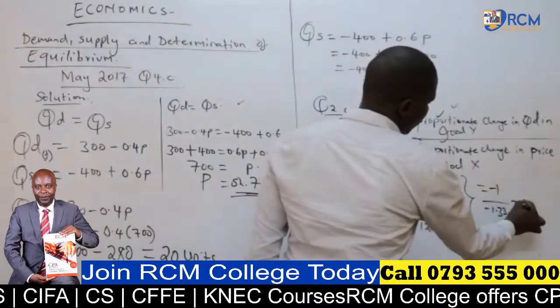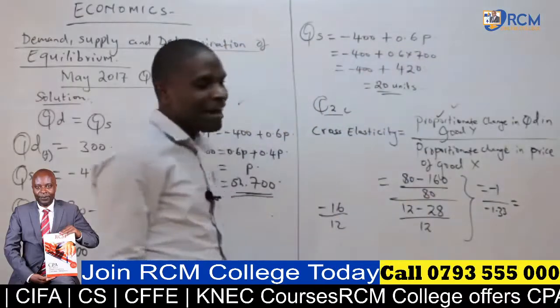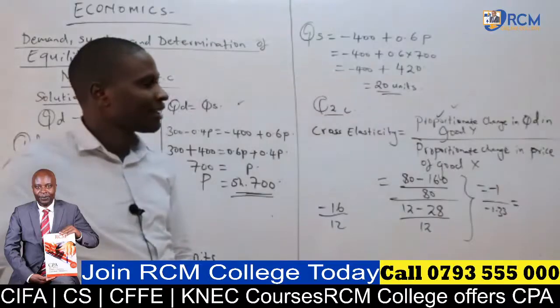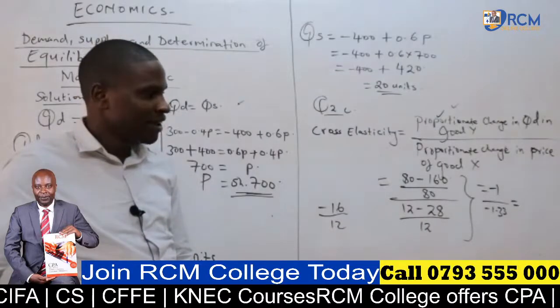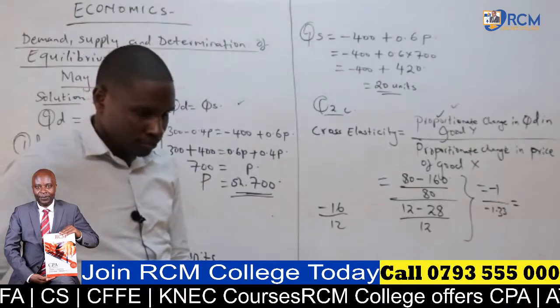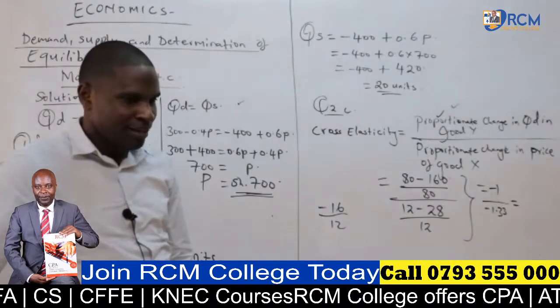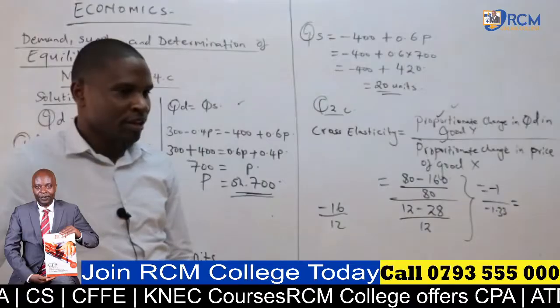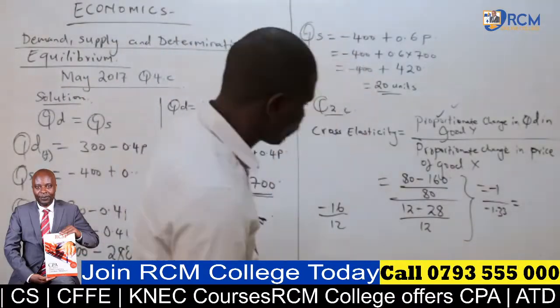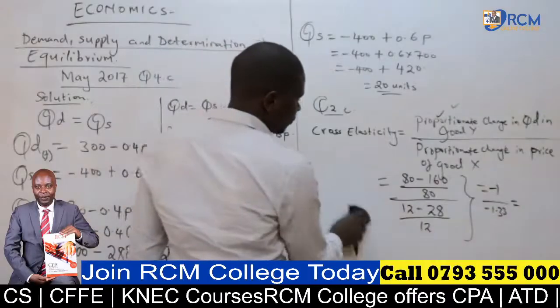1.33. Now, what will be our final figure? Minus 1 divided by minus 1.33. But then I was about to forget something.